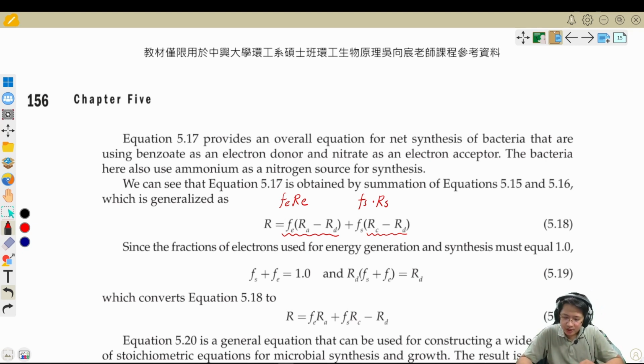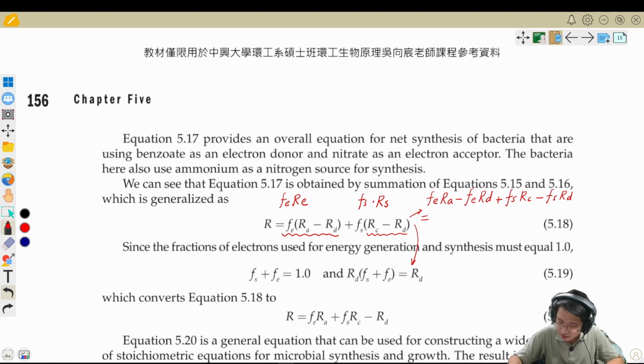So if we get those equations by combining them here, we become Fe times Ra minus the Fe times Rd, and also plus the Fs times Rc minus the Fs times Rd.